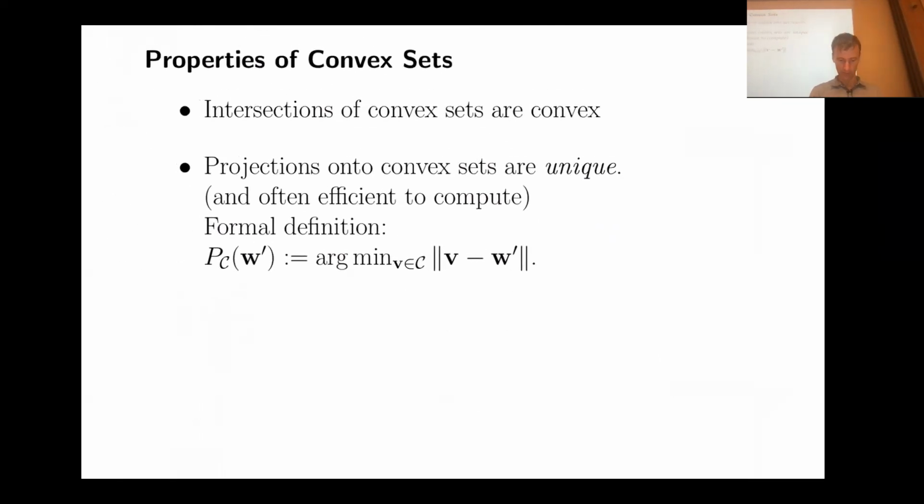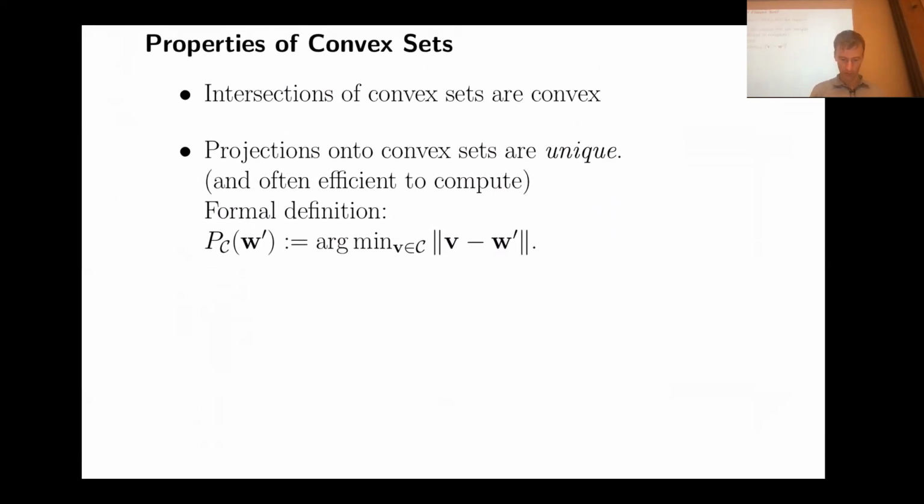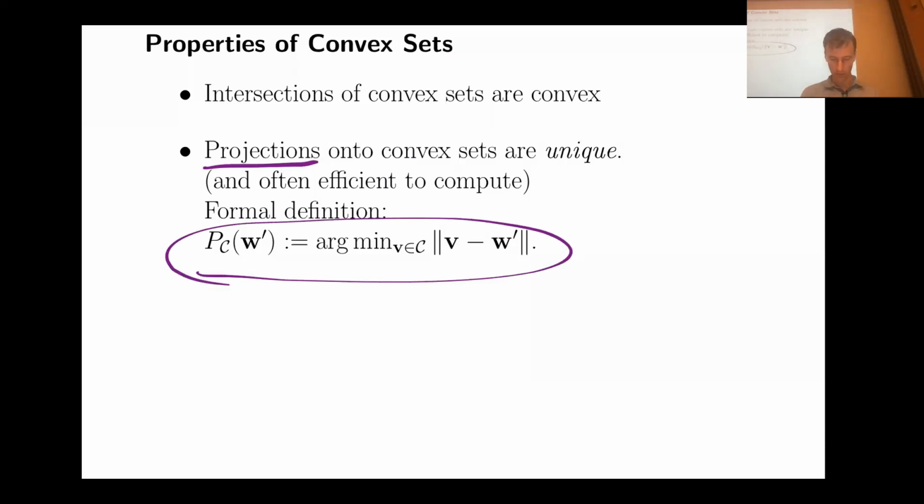Here is the definition. Projection onto a set. For any set, it's defined like this: just the closest point to this point where you want to be, right? But V must be in the set. So that's the projection: the V which is closest while respecting the constraint.